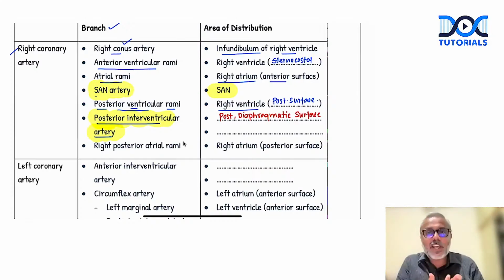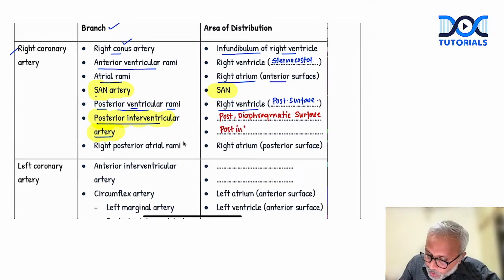So the inferior surface of the right ventricle and also part of the left ventricle is supplied by this posterior interventricular artery. Apart from this, this also supplies the posterior inferior 1/3 of the interventricular septum.